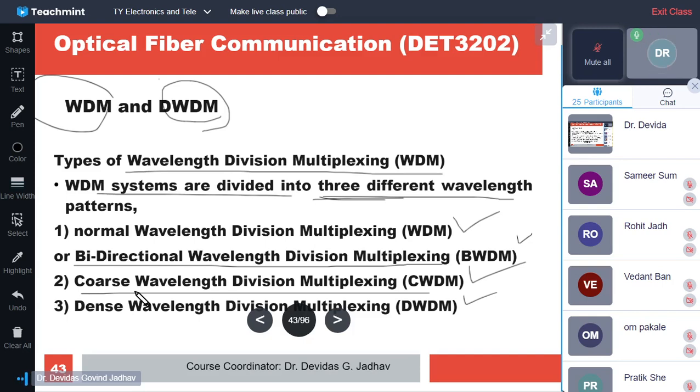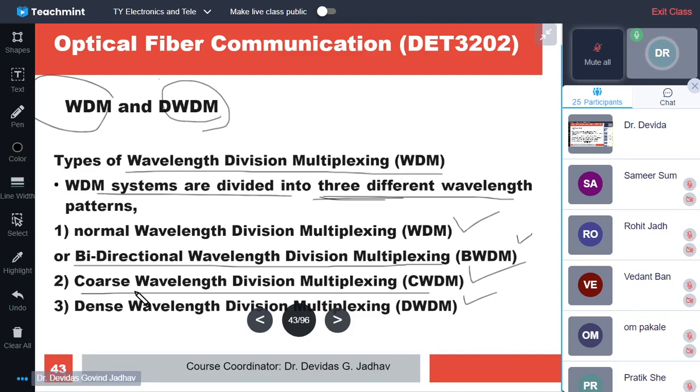So in wavelength division multiplexing, various wavelengths are there. Again, within a single wavelength, there may be channel creation. So this concept is used. Within the fiber, multiple wavelengths are sent. This is WDM, this is bidirectional, BWDM.